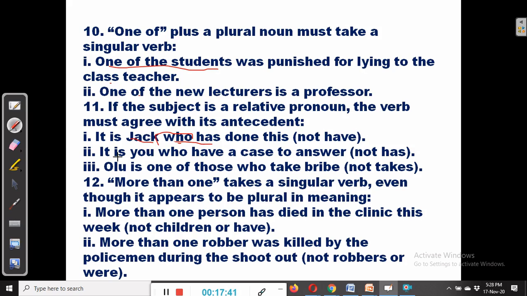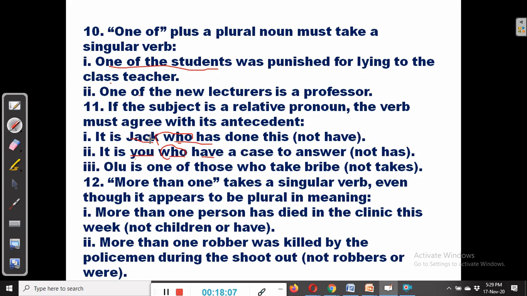Now we look at the other one. It is you who, so who is the relative pronoun here? The antecedent of the relative pronoun is you, and the antecedent must agree with the verb. Of course, if we only remove who and then we join this, what do we have? You have a case to answer.